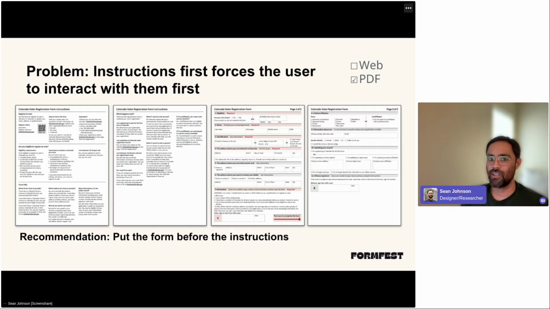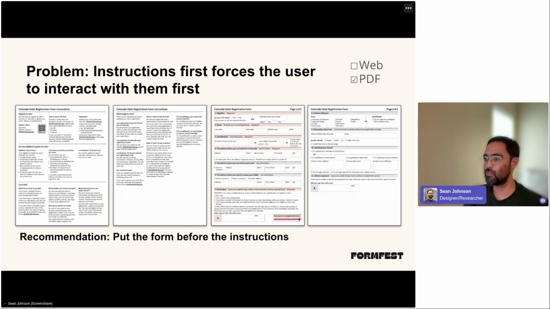This was another interesting thing that we came across. We were putting instructions first because we want people to read the instructions. But if you think back to that list of all the different strategies, pretty much all of them except forms mode would force you to read the instructions first. We don't want to force anybody to read instructions.